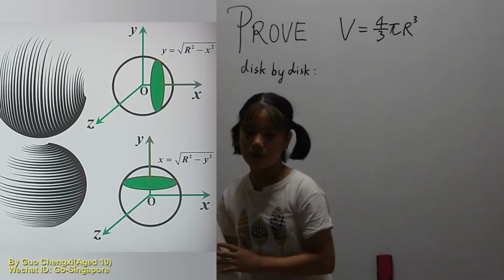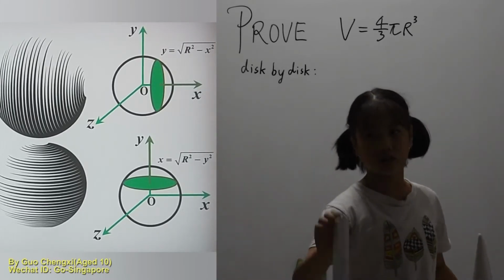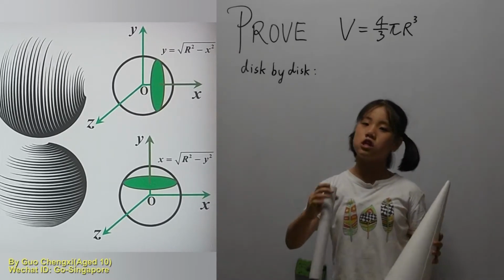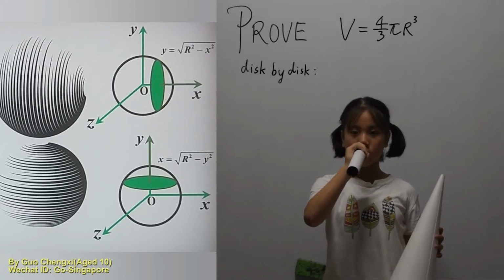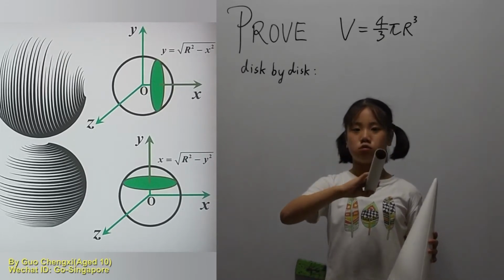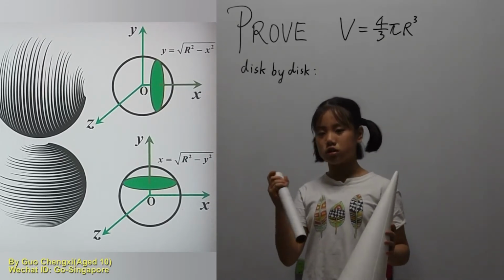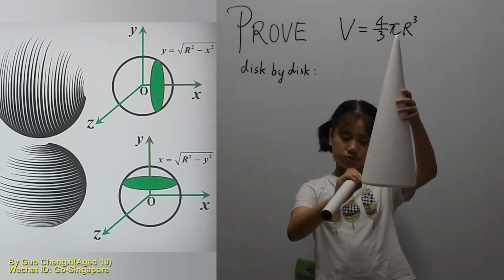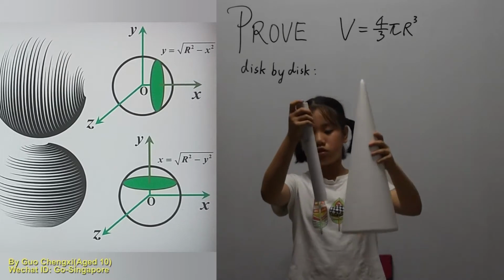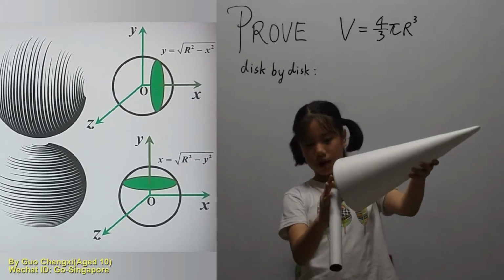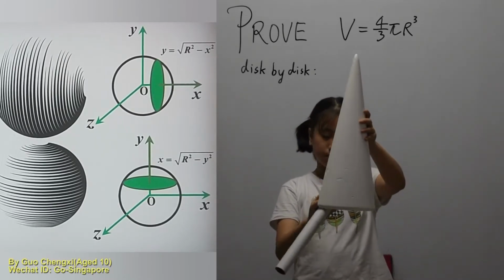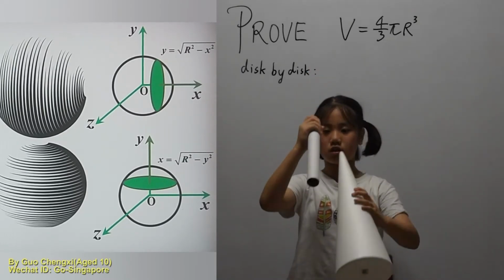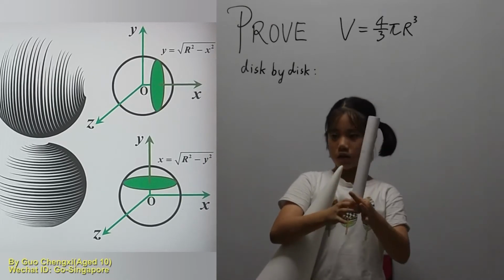The other method that we used was cylinder by cylinder. But what's so special about the cylinder by cylinder? This cylinder is firstly hollow. Secondly, it doesn't have these two surfaces. So it starts very short here, and then keeps on getting taller until the top part, and then you basically put one into another like that.